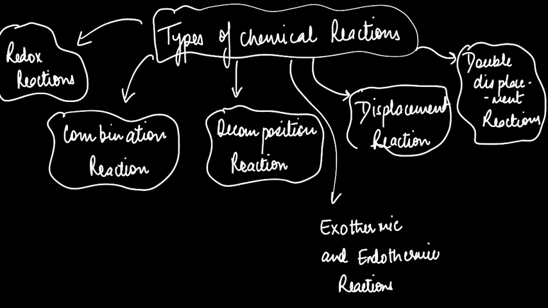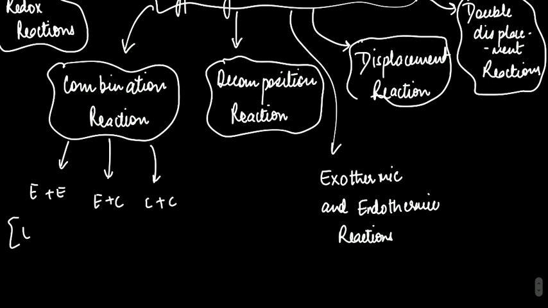So if we talk about combination reaction, we have further three classifications for combination. One is element and element combination. Then we have element and compound, and compound and compound combination. E stands for element and C stands for compound.